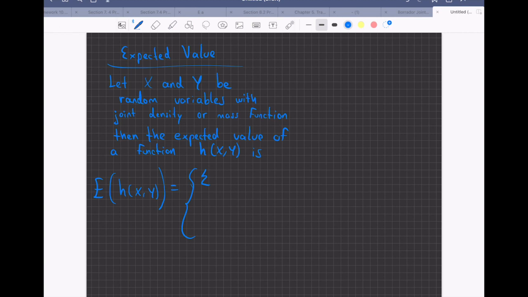if you have the discrete case, you have to sum over all the x and y values the function h of x, y times the PMF. And if you have the continuous case, it's going to be the integral from negative infinity up to infinity of h of x, y times f of x, y.